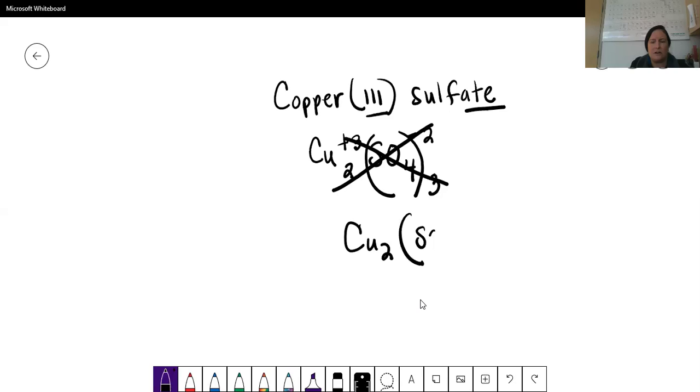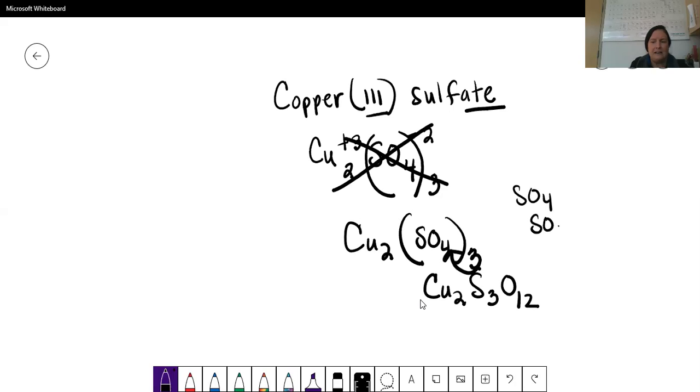Let's rewrite that. Cu2 (SO4)3, taken 3 times, is how we say that. This 3 distributes to everything in the parentheses. So it really is saying Cu2 S3, and oxygen has 12. It's by multiplication, because it's like saying I have 3 of these.